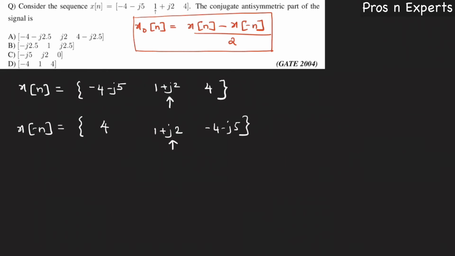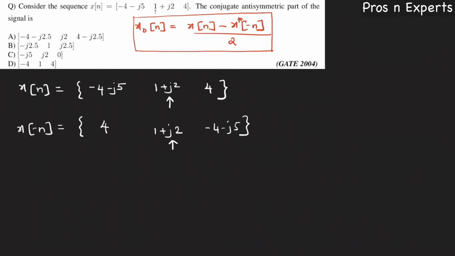Now let us see that the question is not just antisymmetric but conjugate antisymmetric. So the conjugate antisymmetric part is xo of n equal to x of n minus x star of minus n, by 2.